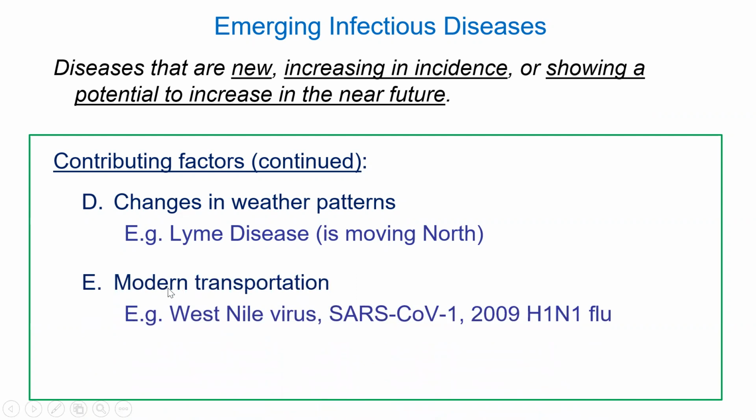Modern transportation, right? There's a lot of theories behind West Nile that it had to do with one certain flight. I don't know exactly how they tracked it down to one flight going from, I think it was Israel or somewhere in that neck of the woods, maybe it was Lebanon, to New York City. I don't know how they isolated it to one flight, but the virus was apparently there. The first SARS, right?